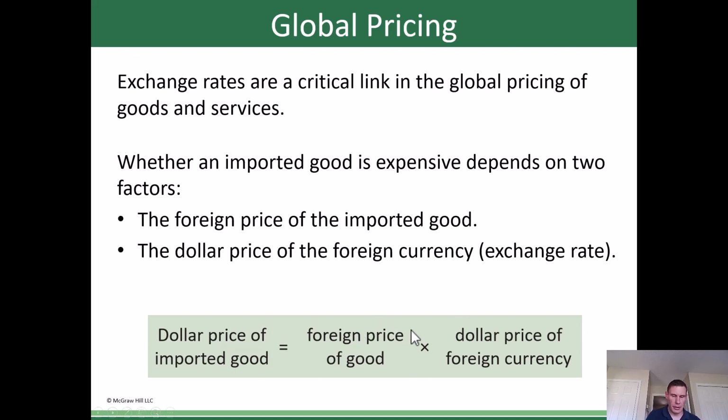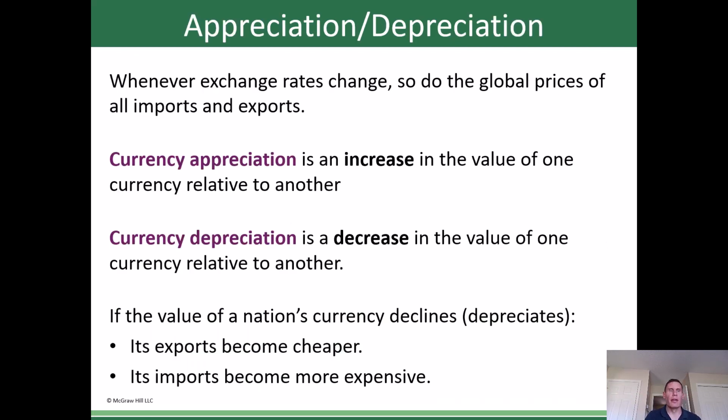That would typically be done using what's called the spot rate, i.e. the rate that it's worth today. Whenever exchange rates change, which of course they do constantly, so do the global prices of all imports and exports. Currency appreciation is an increase in the value of one currency relative to another. Conversely, currency depreciation is a decrease in the value of one currency relative to another.